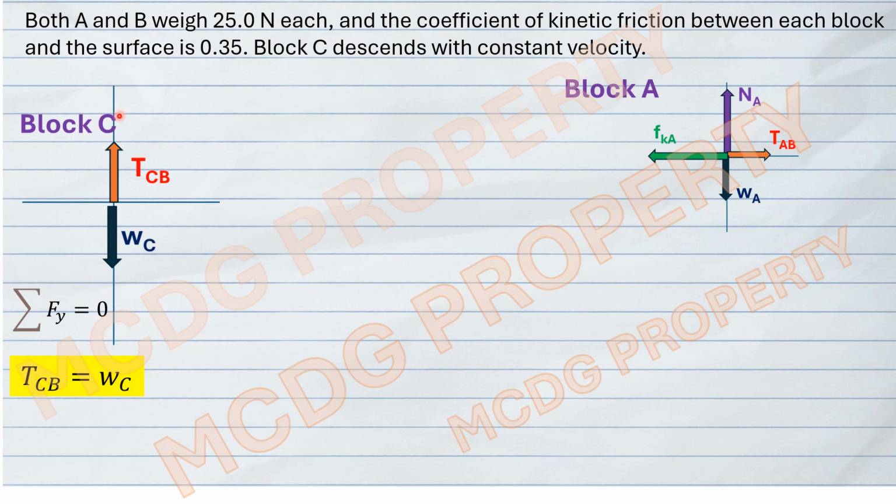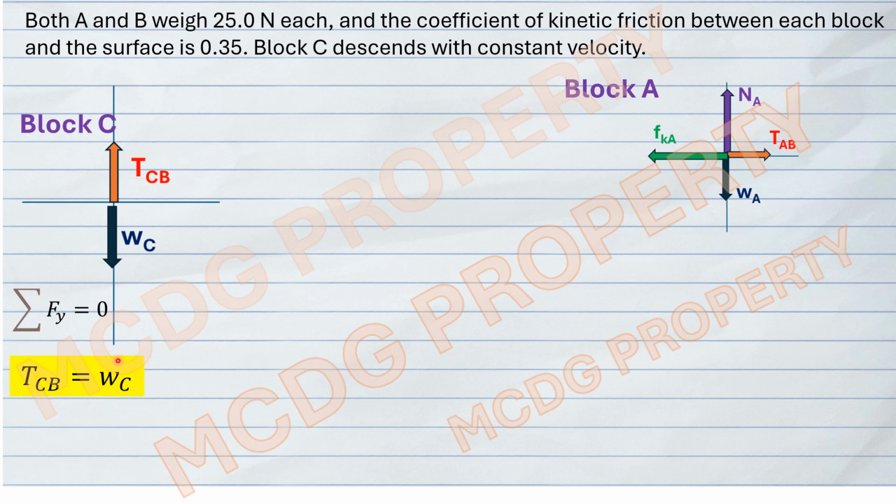So first, for block C, there are no forces along the x, so you just have the summation of forces along the y is 0. Therefore, the tension, TCB, will be equal to the weight of block C.